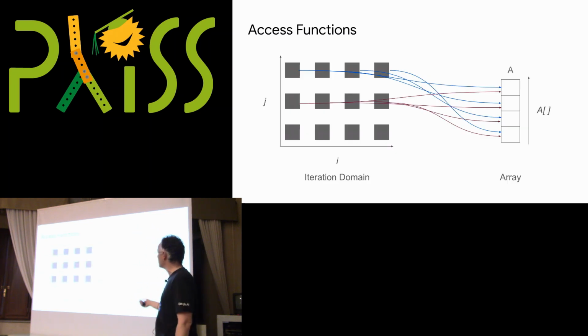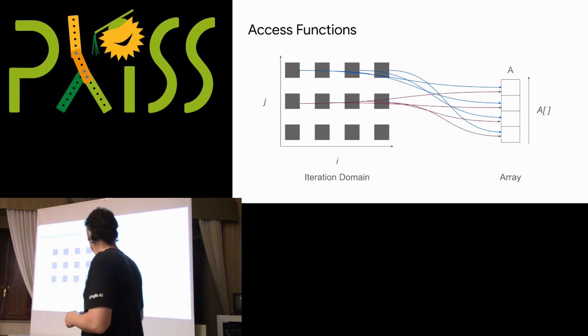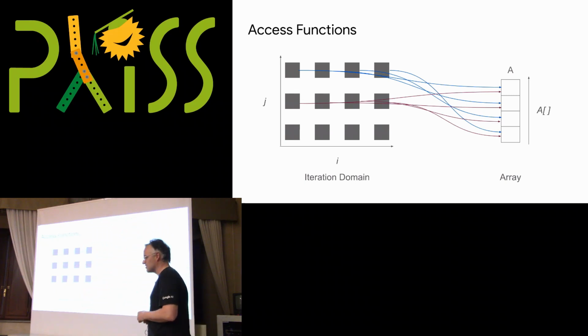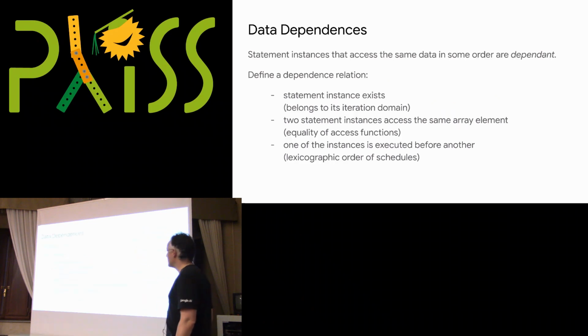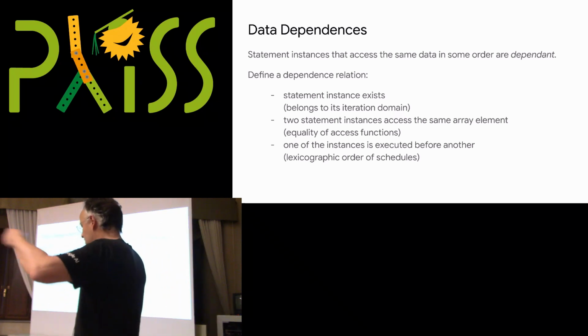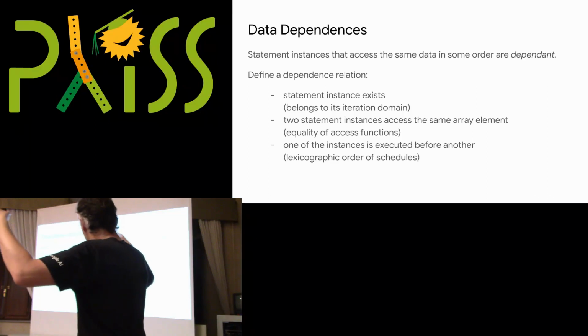So you can represent those functions as a relation from iteration domains to some logical arrangements of memory. Memory is very easily modeled as a multidimensional space, with as many dimensions as the arrays typically, and that's no big deal. And data dependencies are derived from those access functions by equating the accessed elements from two statement instances.